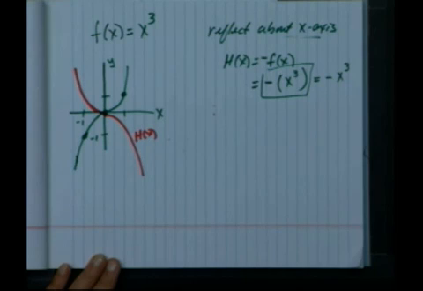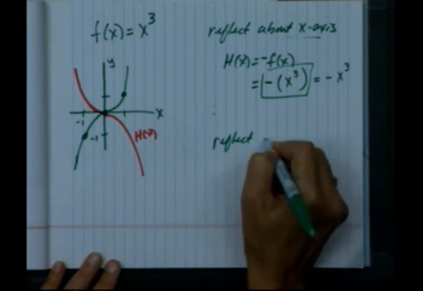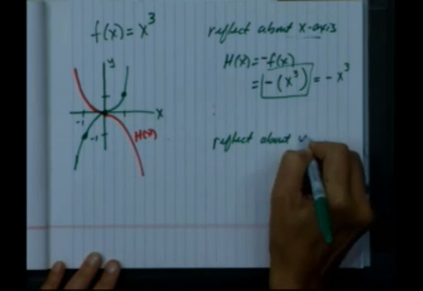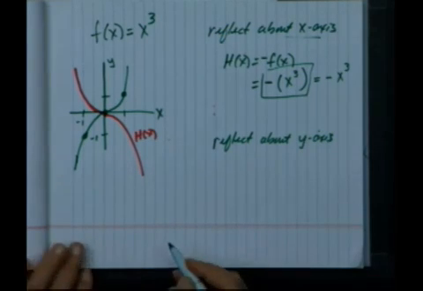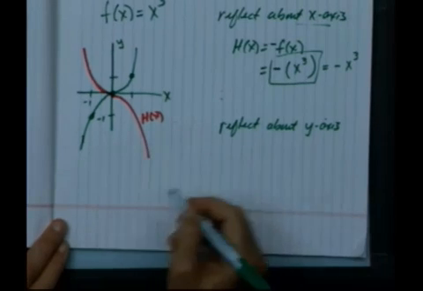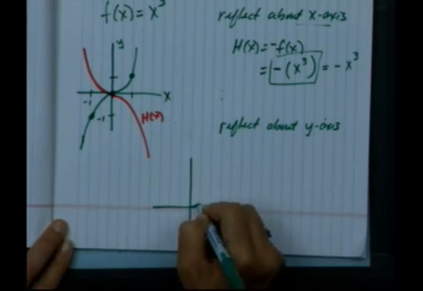All right. The next part, though, was to reflect about the y-axis. So let's go back to our old graph. I'm going to draw a new one for this one. So the graph goes like this.